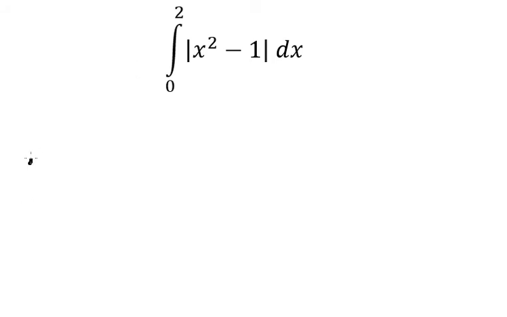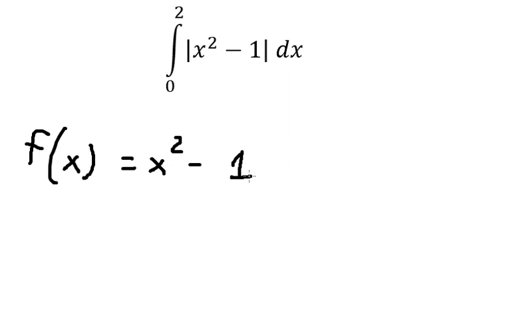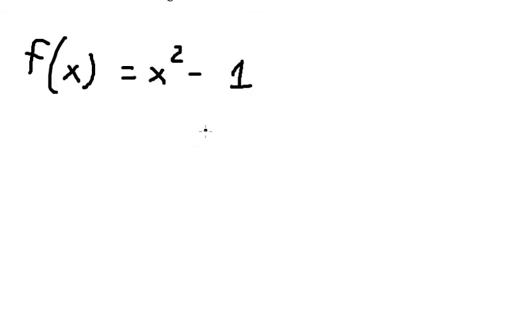First, I will set up the function f of s equals s squared minus 1. Now we need to set this function equal to 0 because I want to find the location where we can find the change of the sign from negative to positive or vice versa.